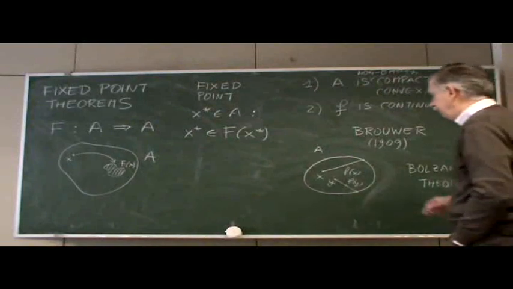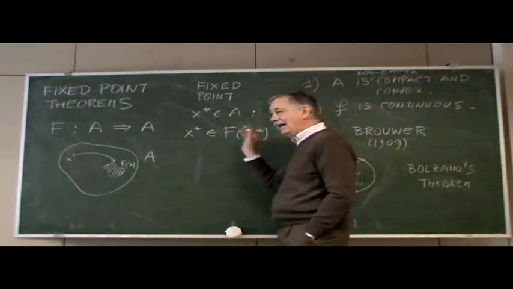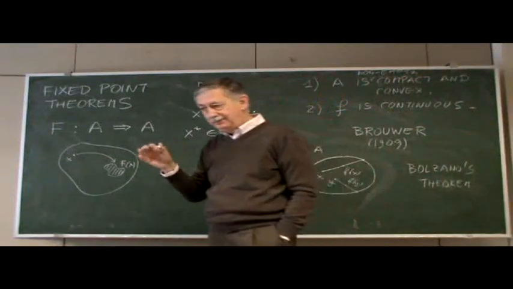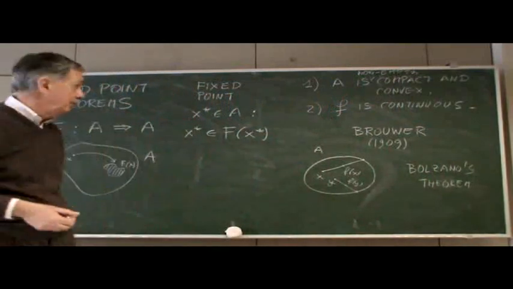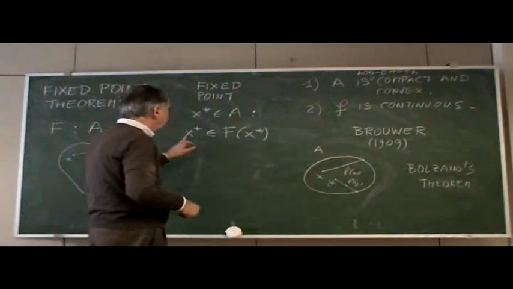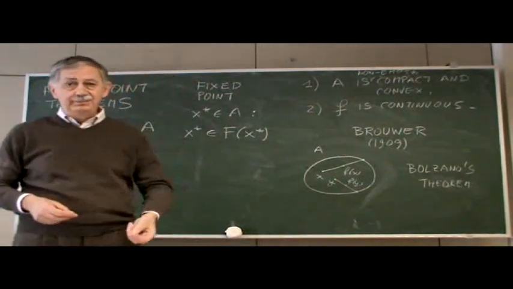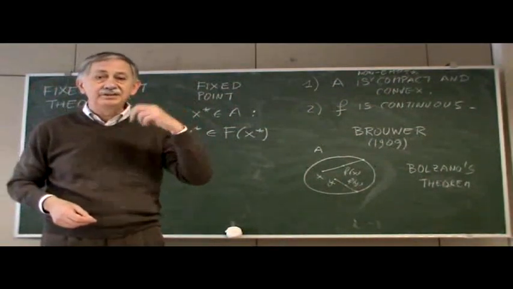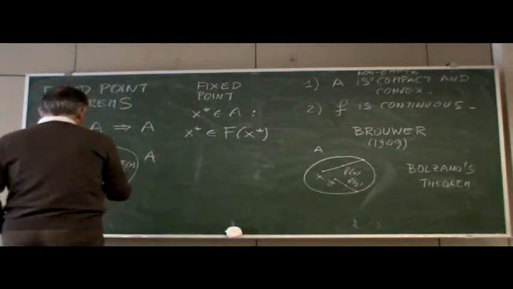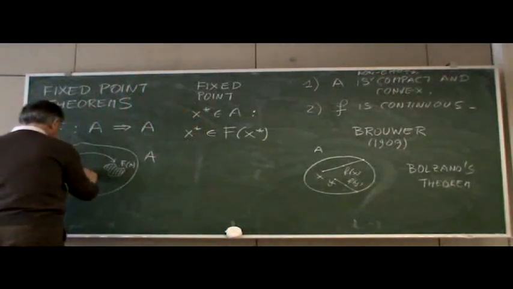The equality between x star and f of x star, in the case of a usual function, is substituted by this condition. X star must be an element of its image. For example, this is x star.